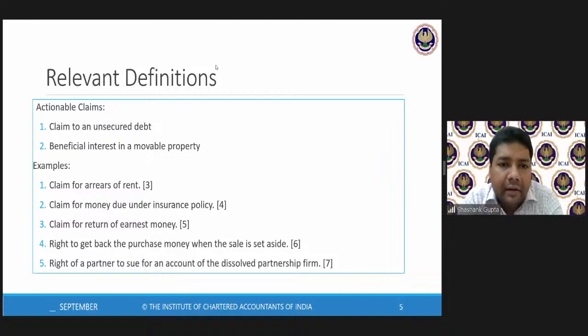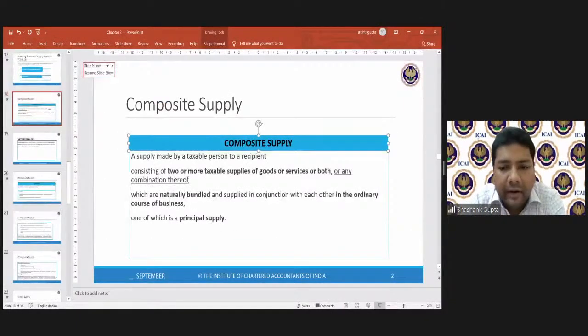No, Shivam, your query is that actionable claims are enforceable only on movable property, but in case of land where the money is due and we recover it only by suit, is it considered an actionable claim or not. Of course, it is considered an actionable claim. I am not saying that only movable property is covered. I am saying beneficial interest in movable property. So this 1 and 2, my dear friend, 1 and 2 are separate.